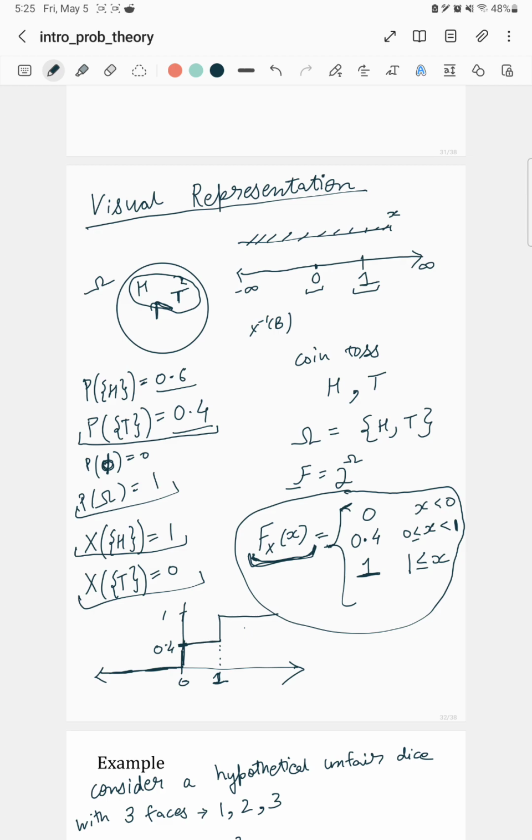Hence, this is the cumulative distribution function for a random variable x defined in the above manner, where if heads is the outcome of a coin toss, then the value of our random variable is 1, and if tails is the outcome, the value is 0, and it is an unfair coin. So this is F of x, and this is small x.